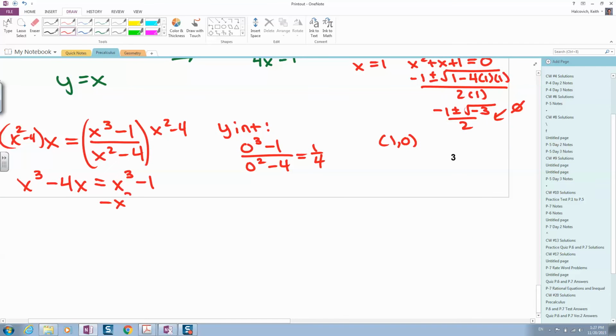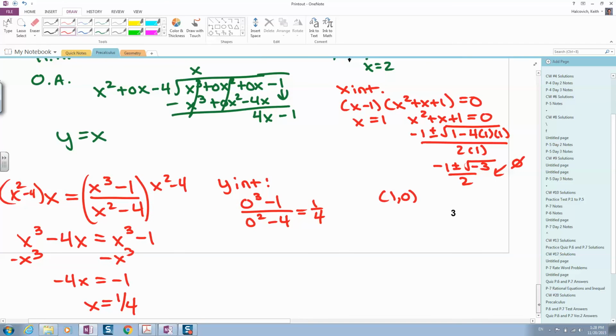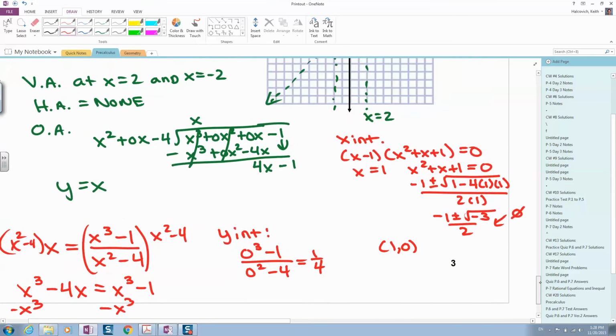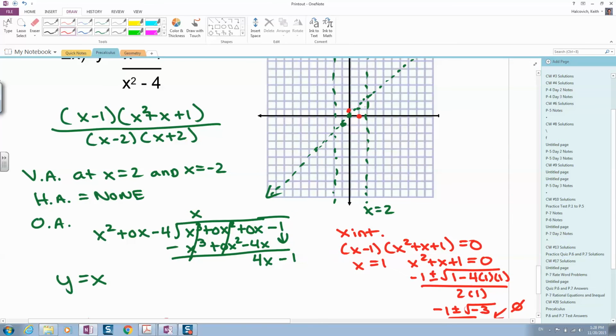Well, the x to the thirds cancel out, so you're left with negative 4x equals negative 1, and x equals 1/4. Okay. So that means that at x equals 1/4, that is where the oblique asymptote is crossed. So basically, since the line is y equals x, that means at (1/4, 1/4) it is crossed. Right here.